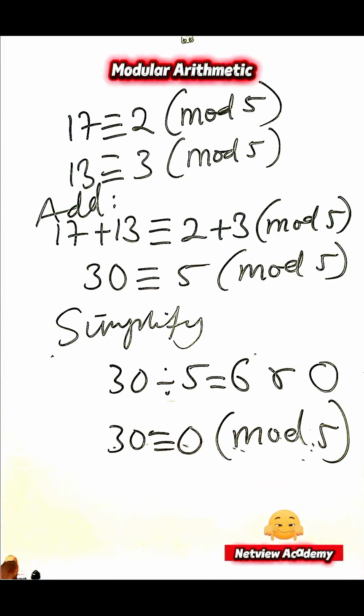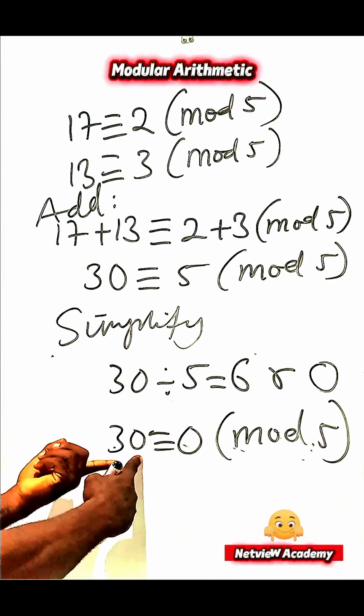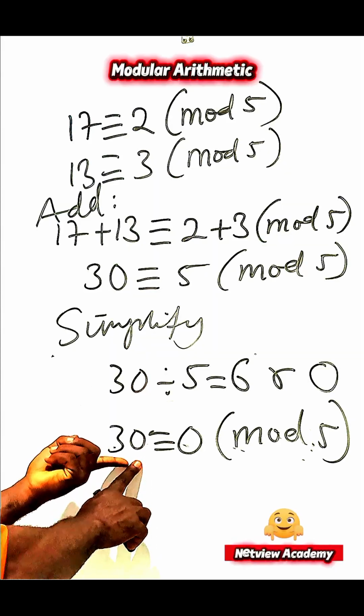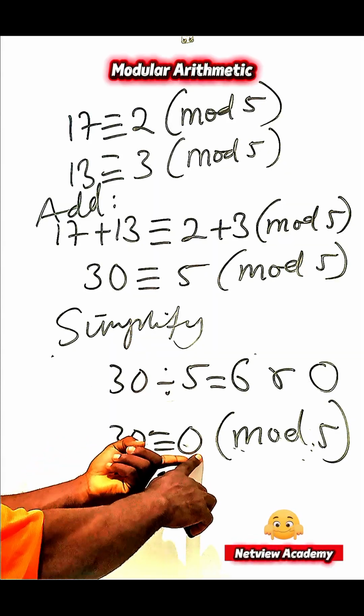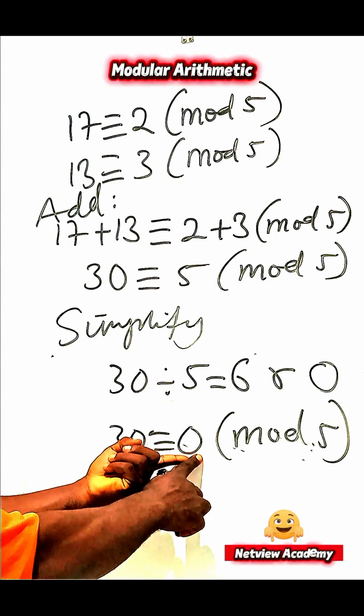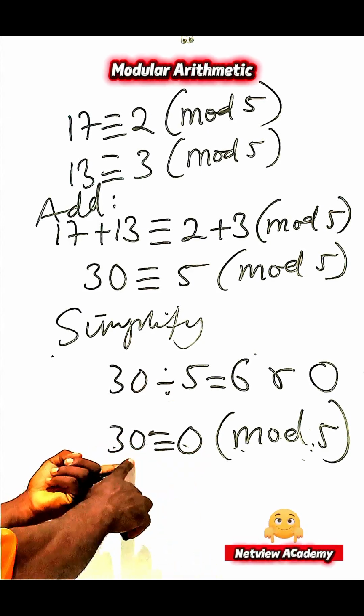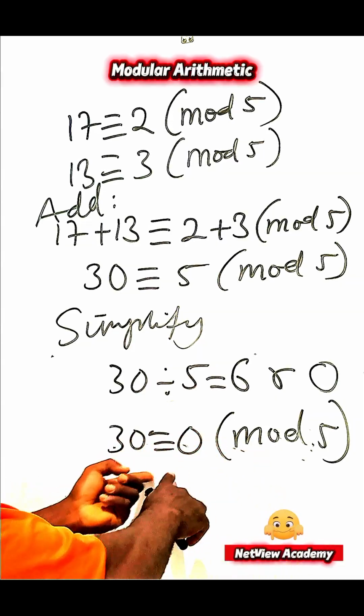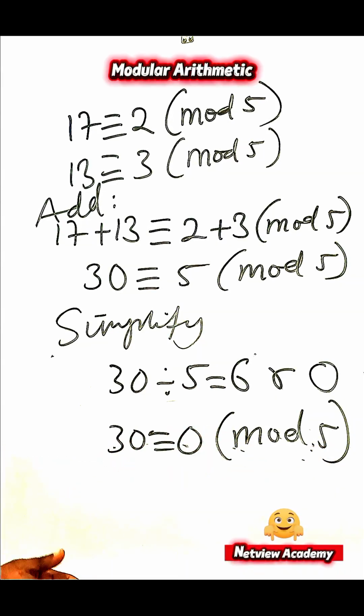This means that 30 divided by 5, the remainder is 0. 0 divided by 5, the remainder is also 0. Therefore, 30 is congruent to 0 when both numbers are divided by 5.